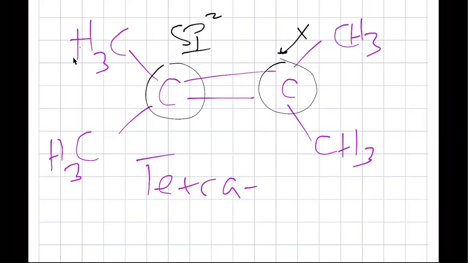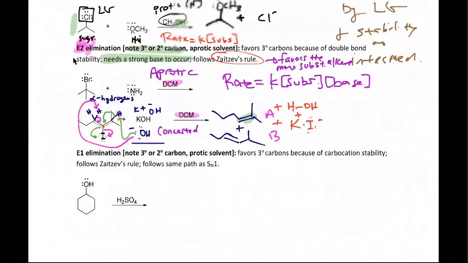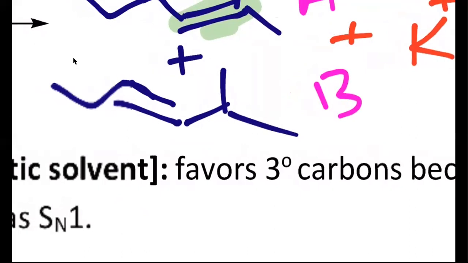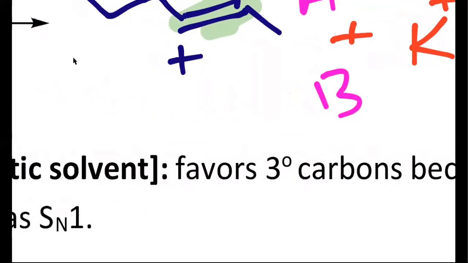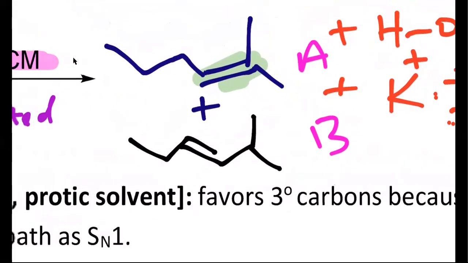All right, so we go back up to our example right here. I'm gonna redraw this bottom one right quick. What's the substitution pattern for A? Is it mono substituted, di substituted, tri substituted?